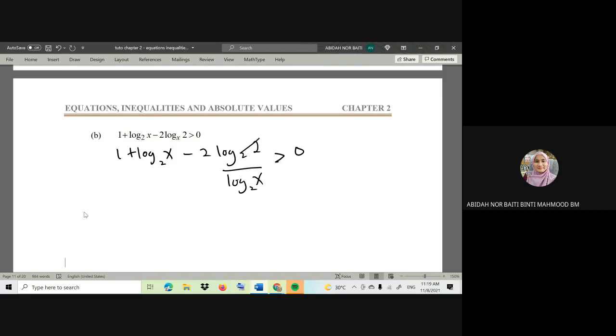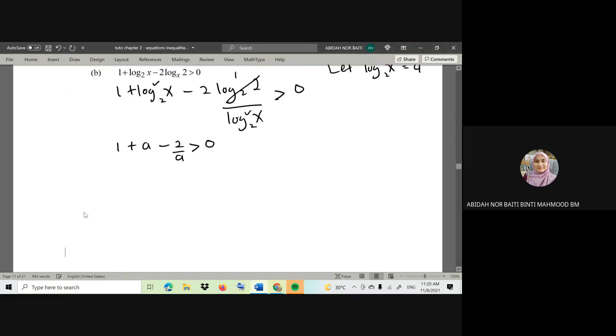Okay, so log 2 base 2 is 1. So we see these are the same. So log x base 2, let it be a. Let log x base 2 equal to a. So 1 plus a minus 2 over a greater than 0. Okay, and then we equalize the denominator and rearrange in the form of a quadratic.